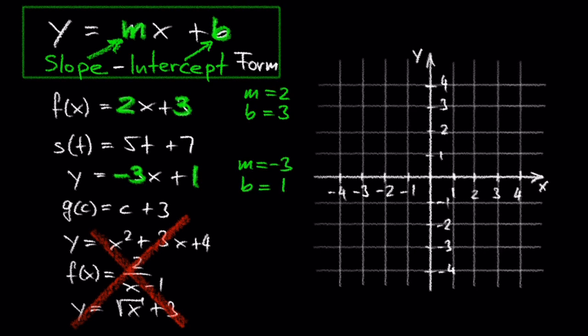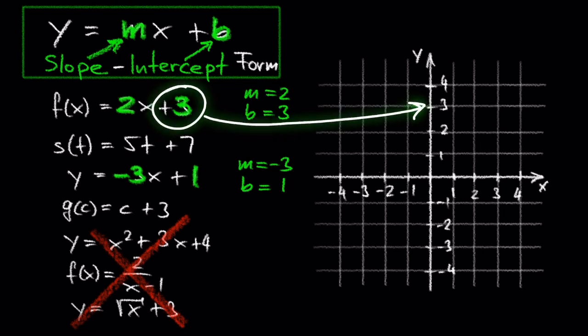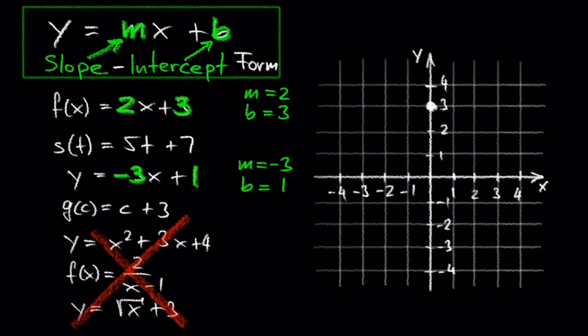The best way to plot the line using the slope and the y-intercept is to start with the y-intercept. So we start with 3. Now, what does it mean that a line has a slope of 2?